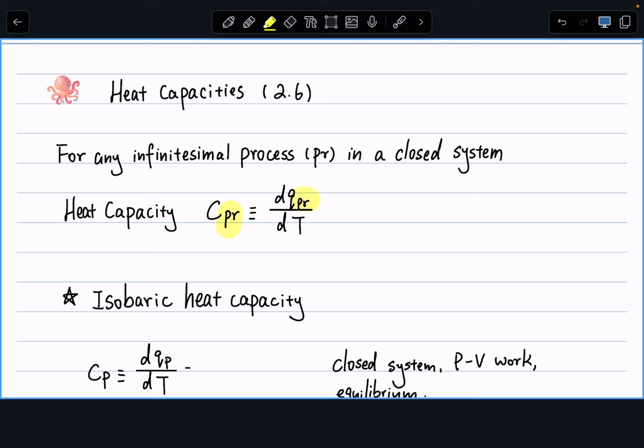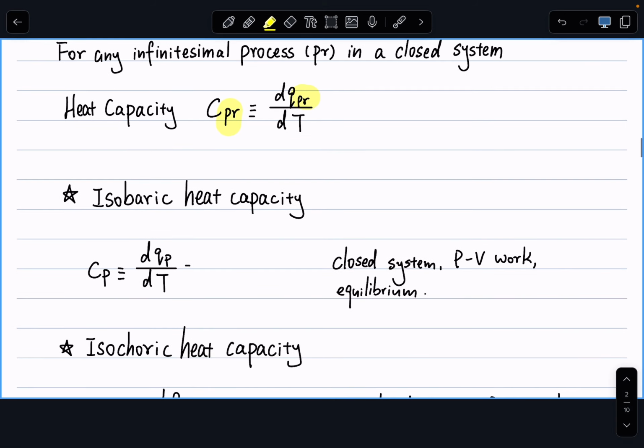Typically, in chemistry or in thermodynamics, we care about either isobaric or isochoric processes. So heat capacity is generally defined for any process of interest, but in this class, we will focus on isobaric heat capacity and also isochoric heat capacity.